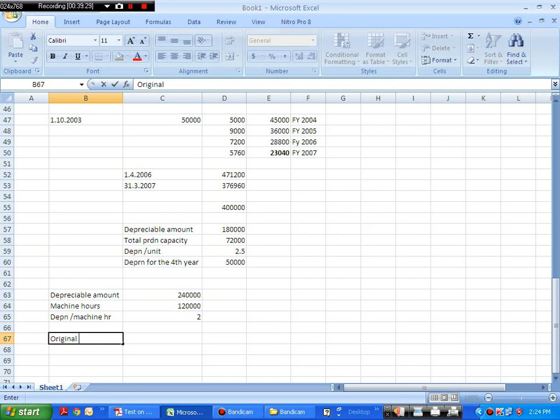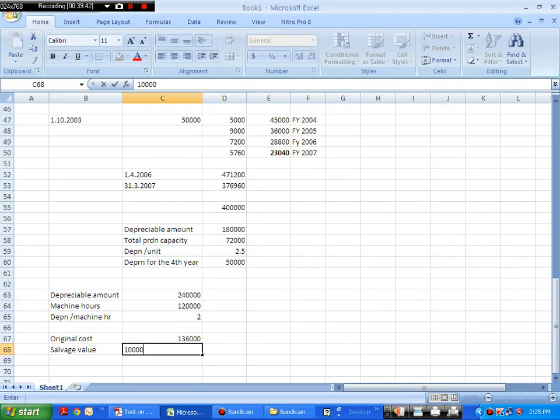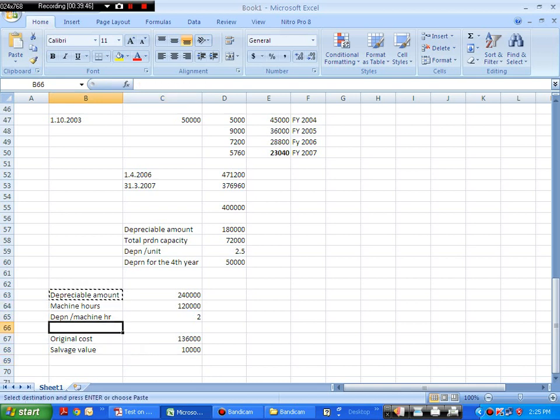In this problem, original cost is 1,36,000 rupees and salvage value is 10,000 rupees. So this gives us the depreciable amount of 1 lakh 26,000 rupees.